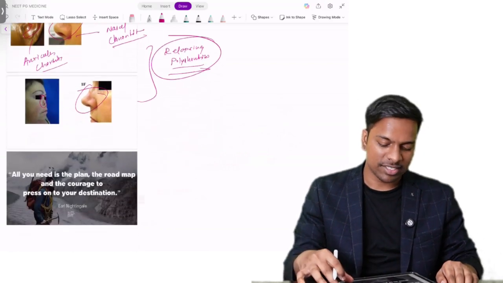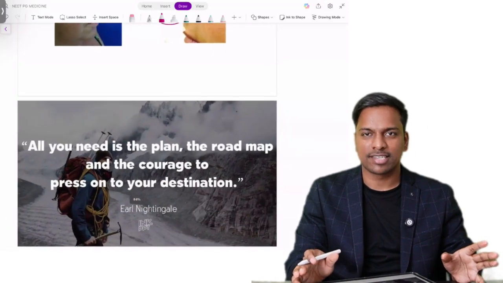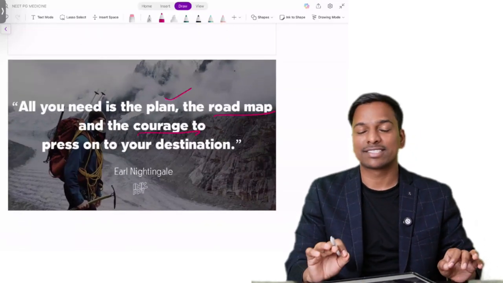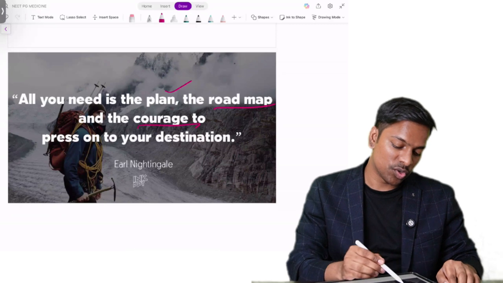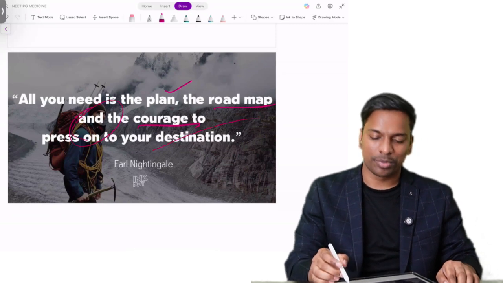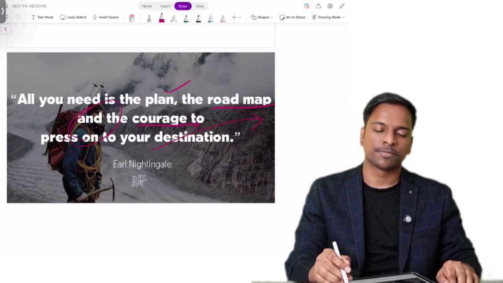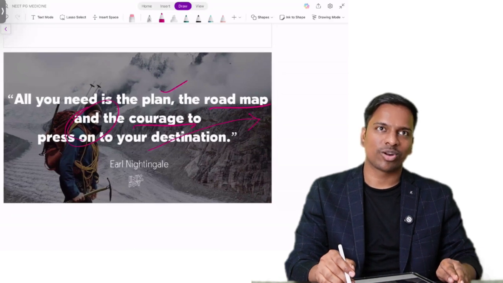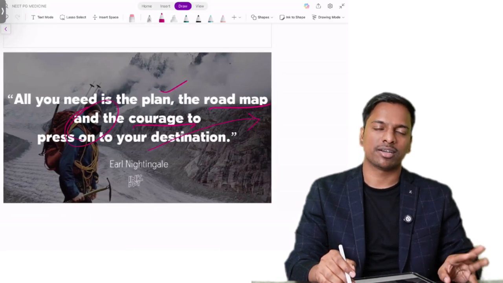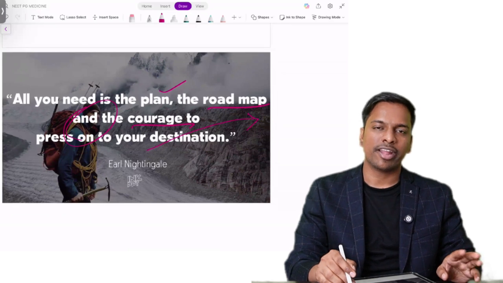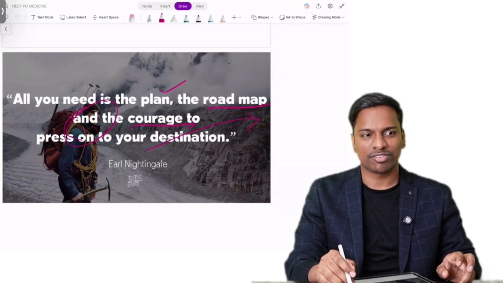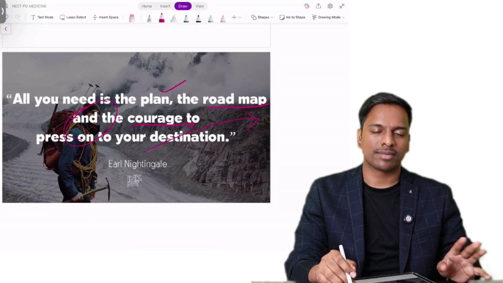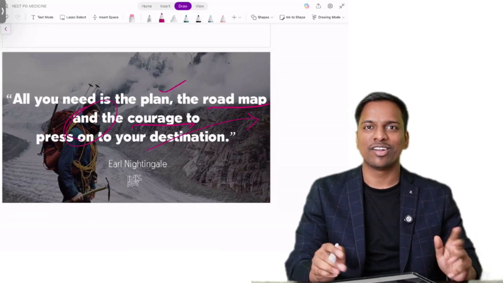Always remember whenever you're planning for any destination, you need a plan, a roadmap, and the courage. That's three equally important things. So recently, I went on the trek at Hamta Pass, and we were exhausted like anything. And I thought, let's leave it. It was a 4 day trek, and the second day was so difficult for me. I knew 2 days were left, I should go back, but I did not have any other options.